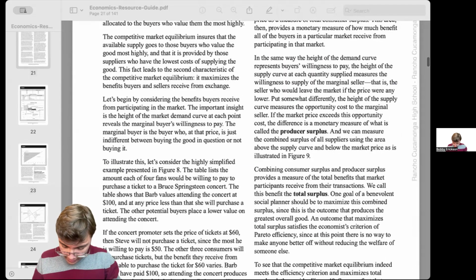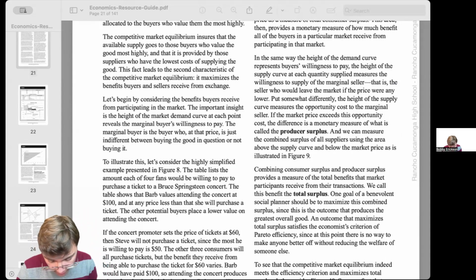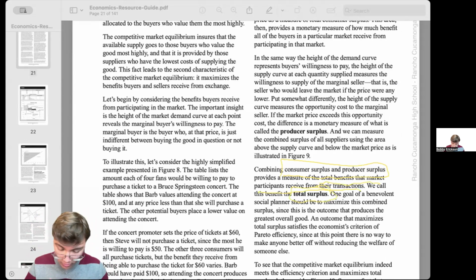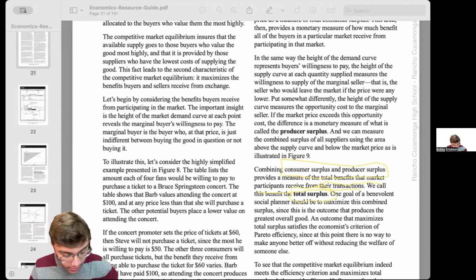And so we can see that this is the total producer surplus. And we can do this with the area once again. But we can also add the consumer surplus and producer surplus, and we get all of the total benefits that all market participants receive. And this is called the total surplus. So we're adding up both little triangles in the curves here.